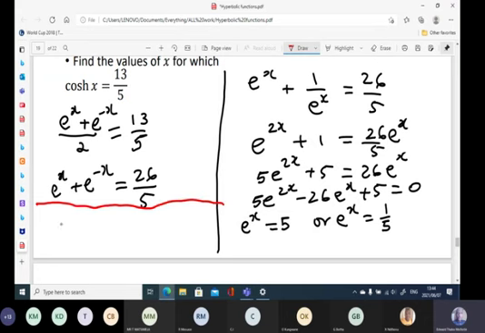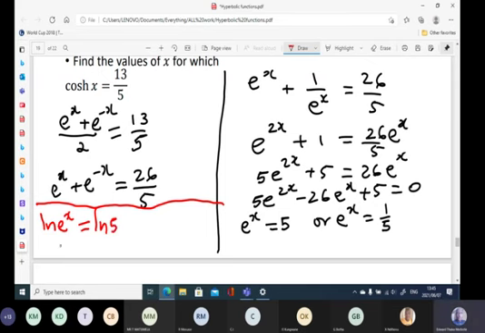Now, to finish this problem, what do you do? You apply ln on both sides. ln of e to the power x is equals to ln of 5.